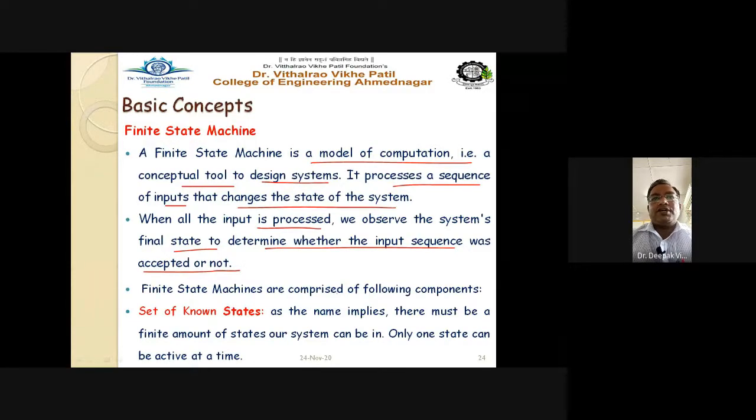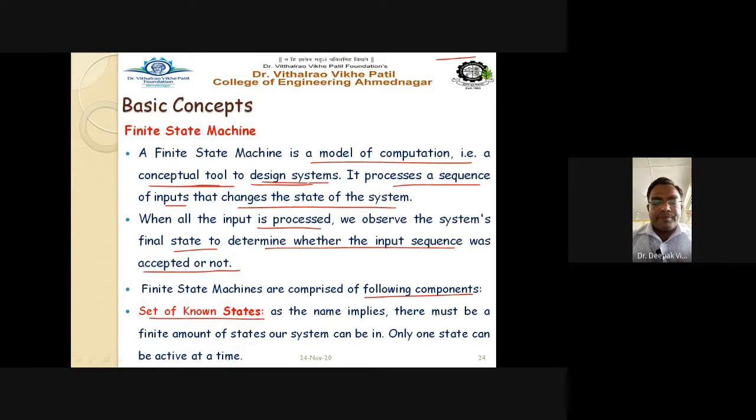Finite state machines are comprised of the following components. The first component is the set of states. The definition says that it is a model of computation, meaning it is a conceptual tool rather than a practical one, to design various systems.